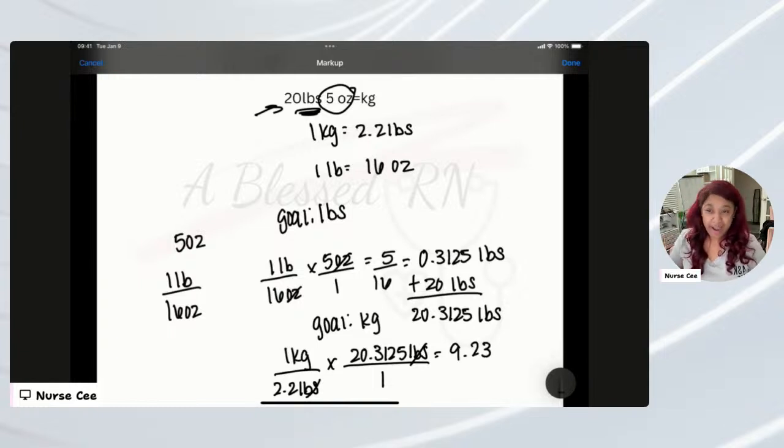All right, let's practice rounding. If this asks us to round to the nearest tenths place, what would our answer be?